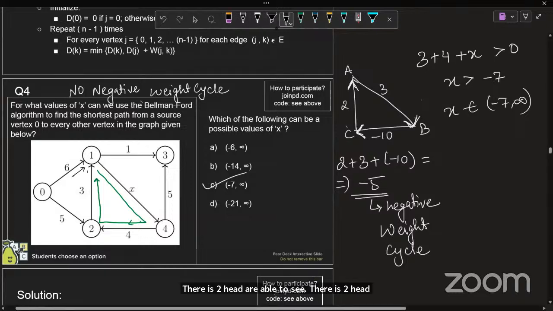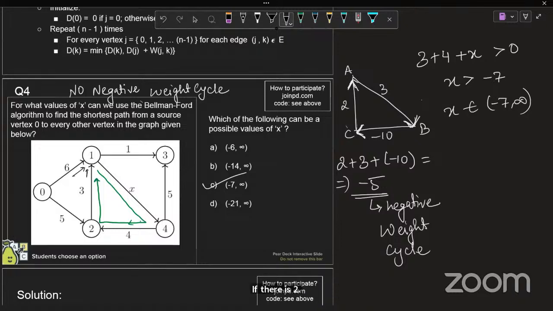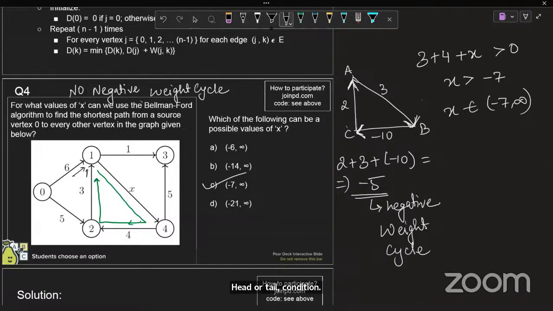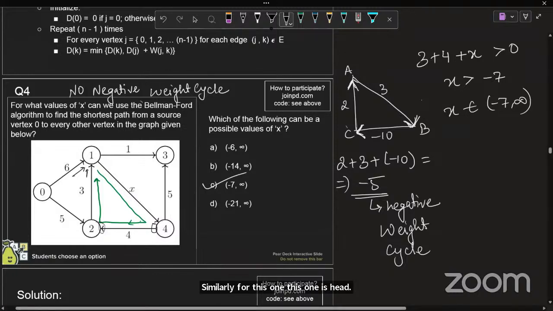If there are two heads, then we can't say this will form a cycle. A cycle forms when there is a head and a tail. Similarly, for this one, this is head and this is tail, so you will see that this will create a cycle.